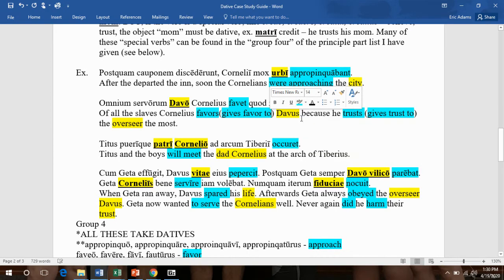And that, again, is the usage of Davo in the dative case because favet requires its objects to be so as a special verb. Why does he favor Davus? Of all the slaves? Quod, because most especially or most greatly, the most, does he trust, another verb requiring a dative object, the overseer, which of course highlighted as the dative in yellow. So because he trusts the overseer the most.